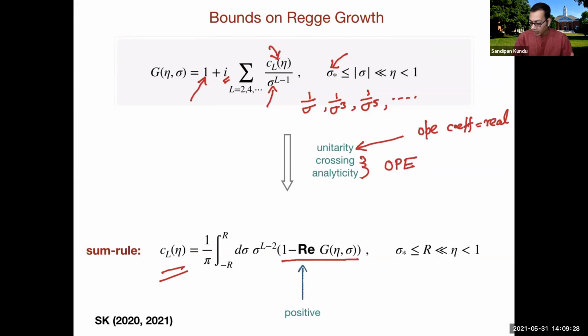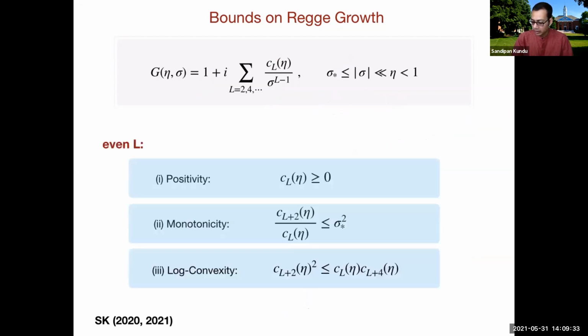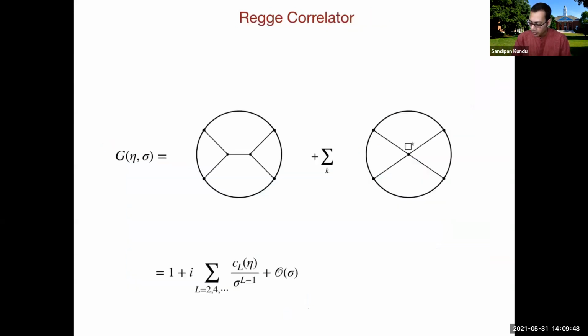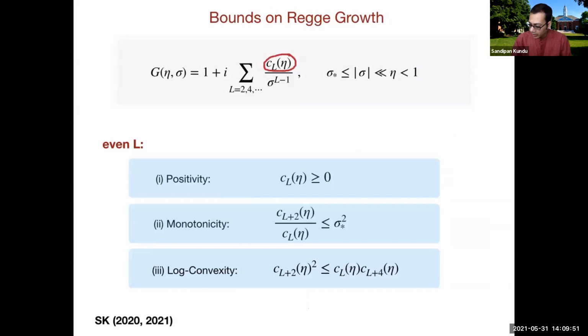So I have a sum rule from which I can derive very general conditions on this CL coefficient. This particular Regge correlator can come from a well-behaved CFT only if all the CL coefficients are positive for even L. I only have even L here, so all of them for L greater than or equal to 2 must be positive.